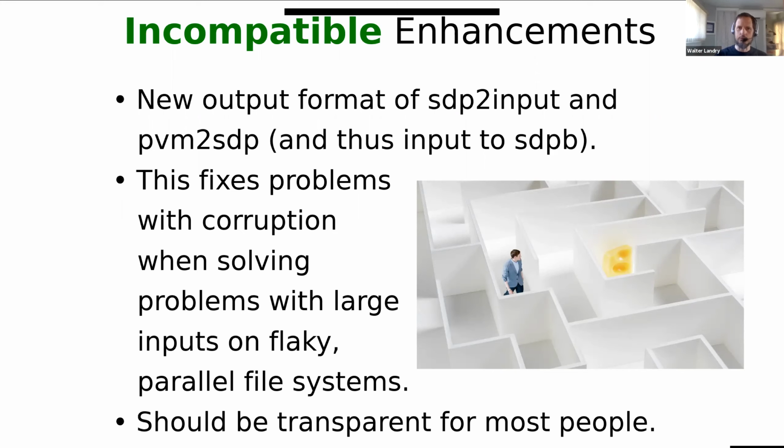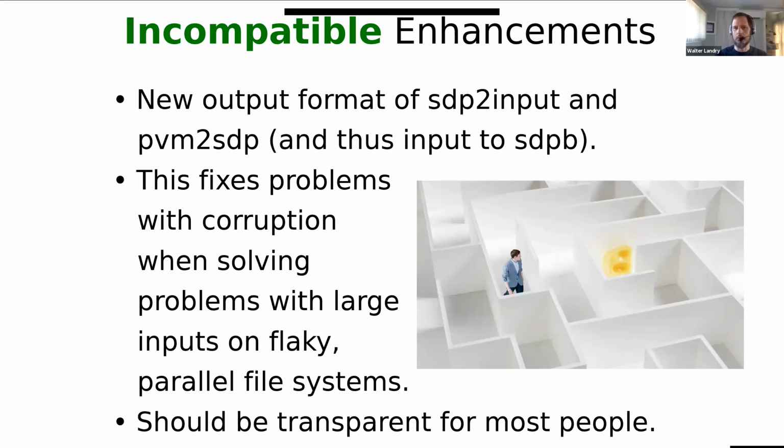The nice thing about the new format is that it has a built-in checksum. It's also a single file, so there was also a problem when you would make too many files, and some file systems aren't happy with lots and lots of files. So this fixes that problem. You have plenty of space, but the number of file inodes you have is limited.